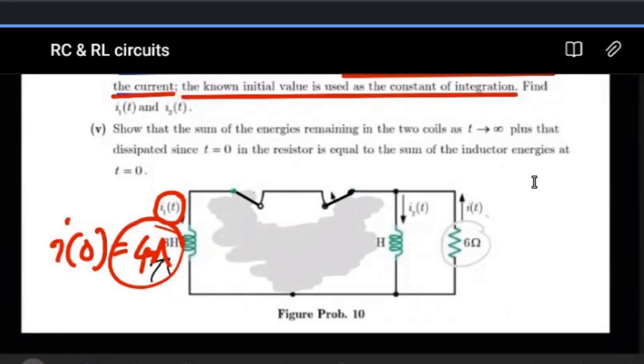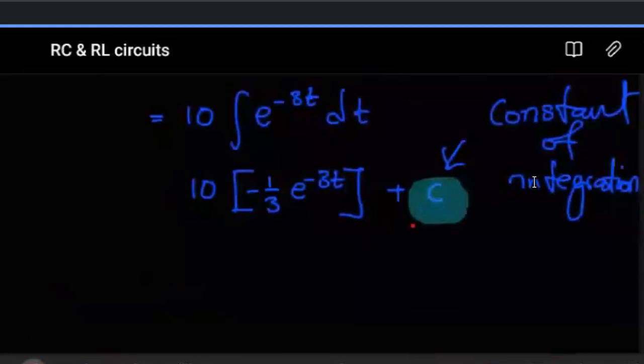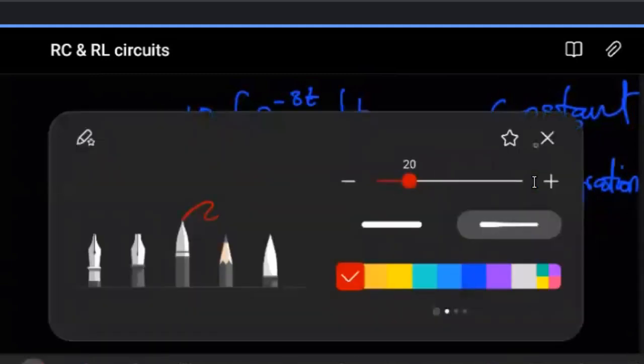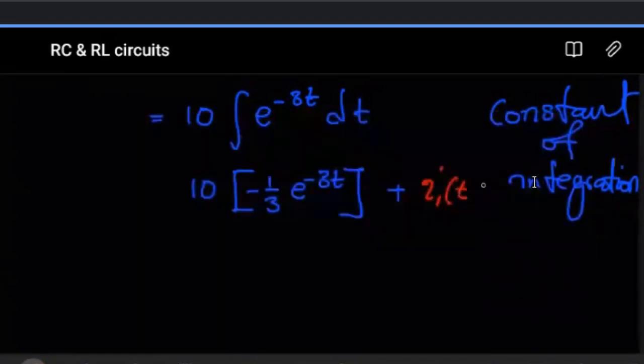What that implies is, since we have integrated, we have a constant of integration. But that statement is telling us that the constant of integration is actually the initial current we had for that inductor. And the initial current here is I1 for t less than 0.